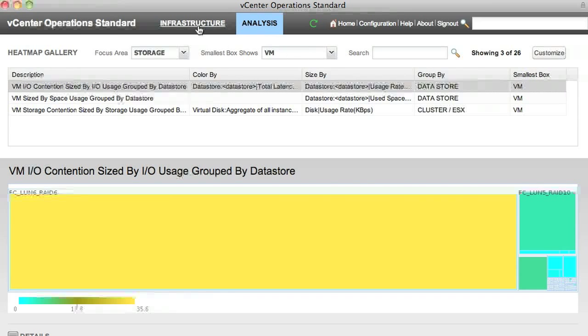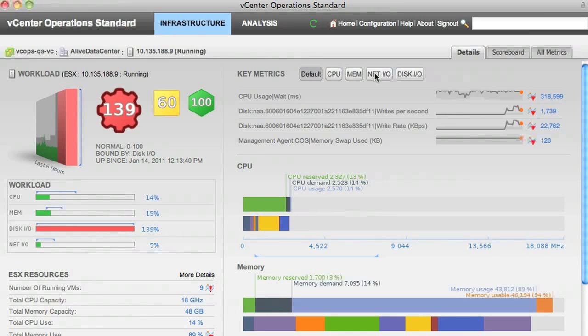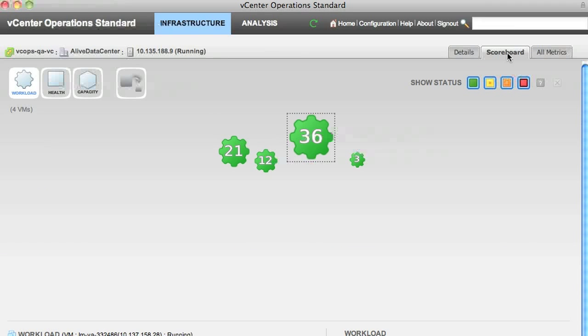Let's navigate back to our ESX view now. Another useful feature of our product is the scoreboard. Now you notice that the scoreboard is somewhat similar to our original overview page. Again, objects are represented as icons.